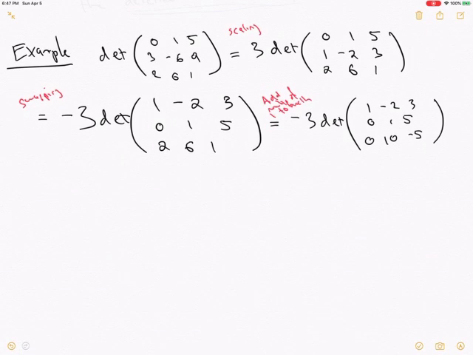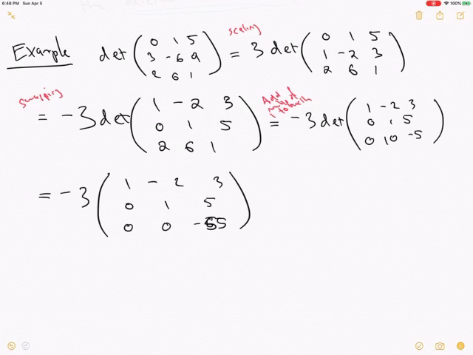It's not yet quite triangular, but we can do the same thing. Let's do a third type of elementary operation: subtract 10 times the second row from the third row. So 0 minus 10 times 0 is still 0, 10 minus 10 times 1 is 0, and then minus 5 minus 10 times 5, that's minus 55.